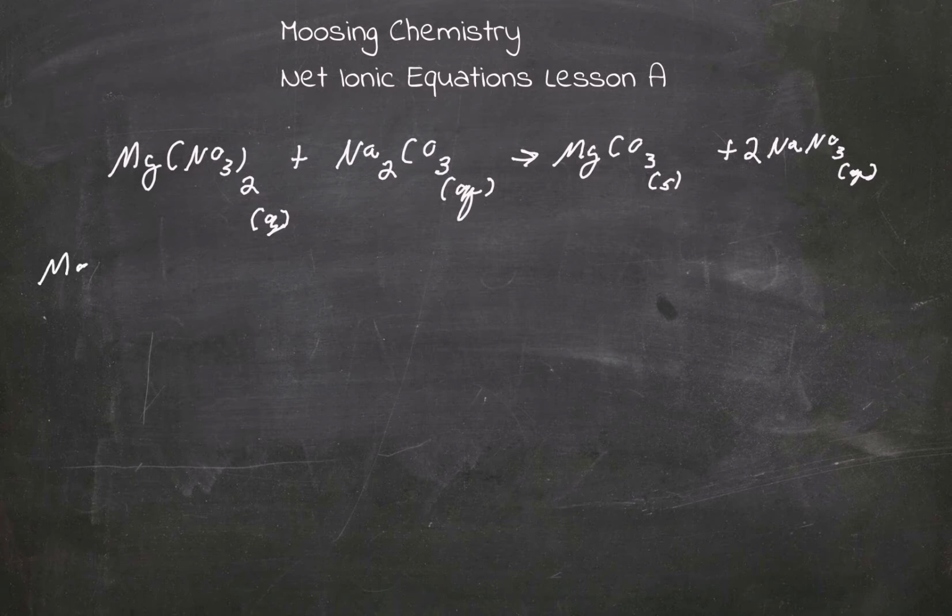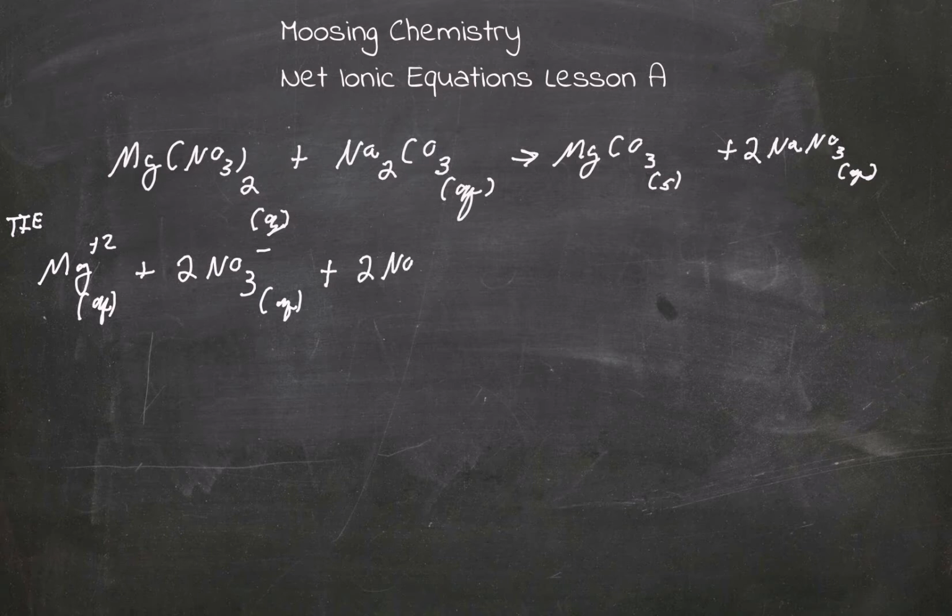All right, so now let's write the total ionic equation. So this would be Mg+2 (aq). This is the total ionic equation, remember. Then plus 2NO3- (aq). Notice I took the 2 here and put it in front. That's what you do when you're doing the total ionic equation.